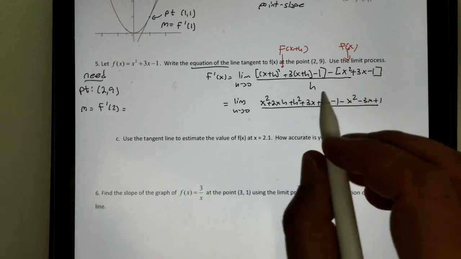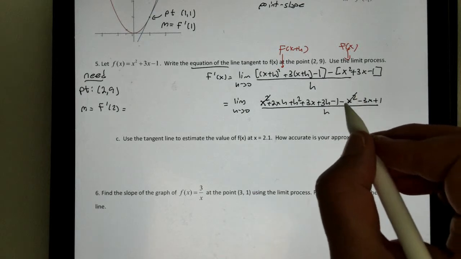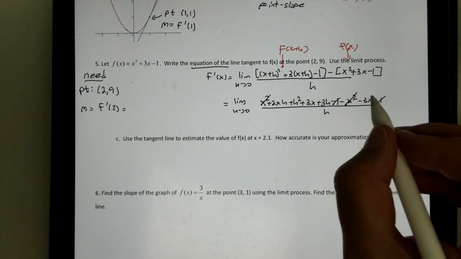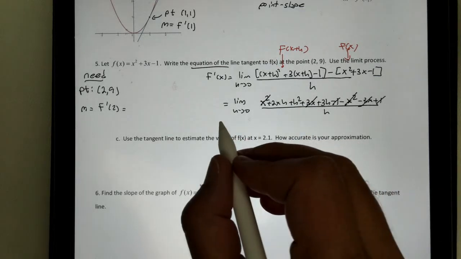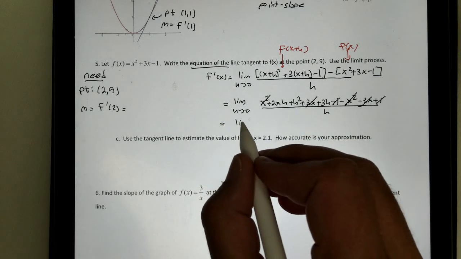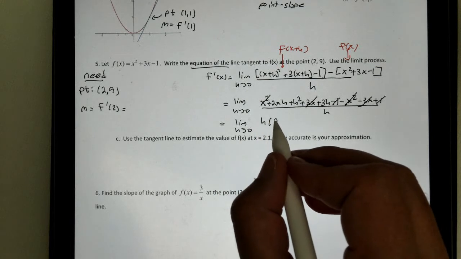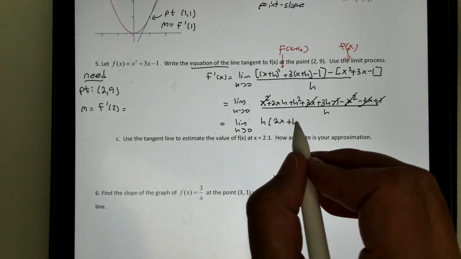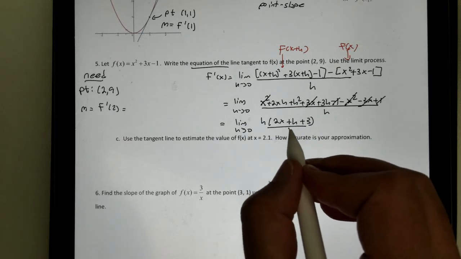Take your time on that one. Anything that does not have an h will cancel out. They all cancel. And everything that is left will have an h with it. So that's going to give us the limit as h goes to 0. Go ahead and factor out that h. 2x plus h plus 3, over h.